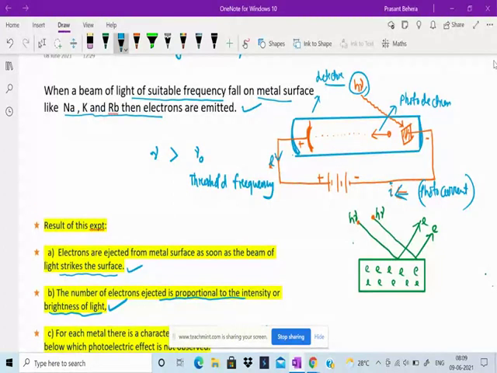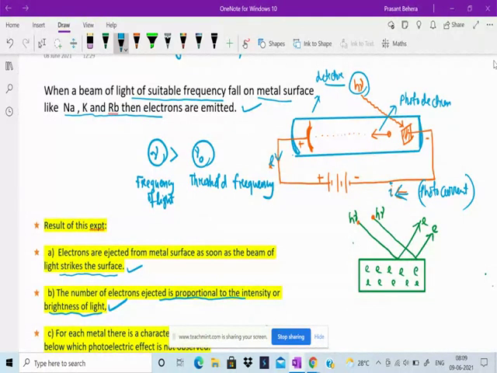This is known as the frequency of light. The frequency of light should be greater than the threshold frequency of the electron in the metal plate. Otherwise, no electron is ejected.